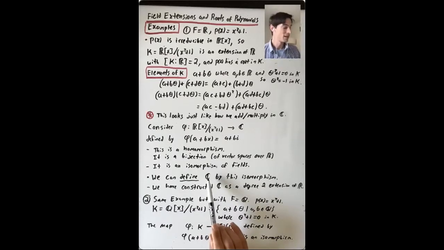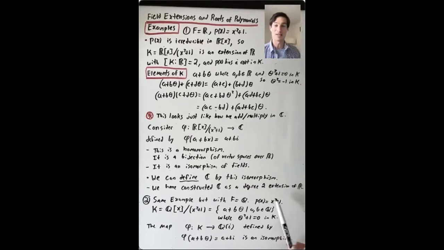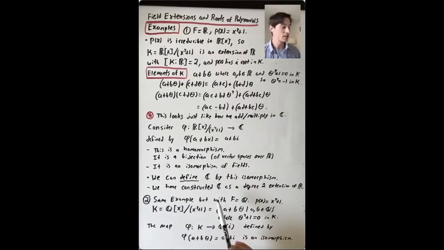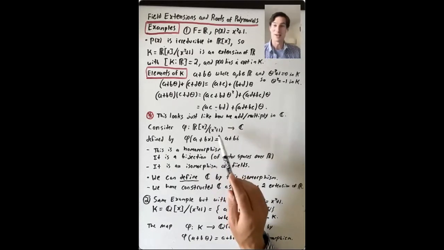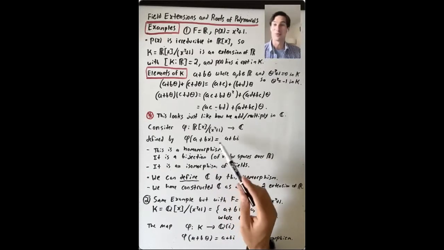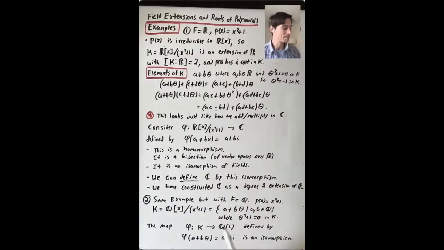So you can define C not in terms of this special element in the complex plane, i, that squares to minus 1, but as this degree 2 extension of R. All right, so this is going to be a big theme throughout the rest of the course, thinking of fields being constructed in terms of quotients by irreducible polynomials, adjoining roots of polynomials, things like that.